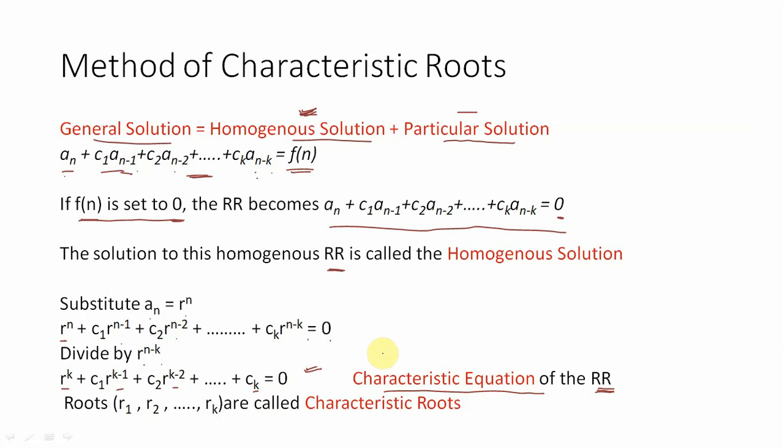The roots of this characteristic equation are called the characteristic roots. So what we have to do is begin by first converting the recurrence relation to a homogeneous recurrence relation. Then we convert this homogeneous recurrence relation to the characteristic equation, and then we find the roots of the characteristic equation.